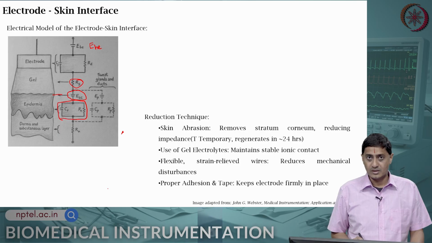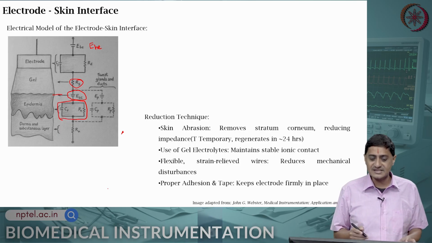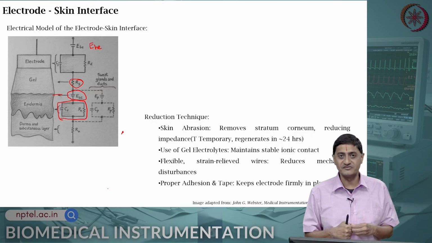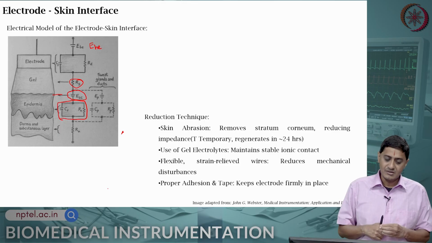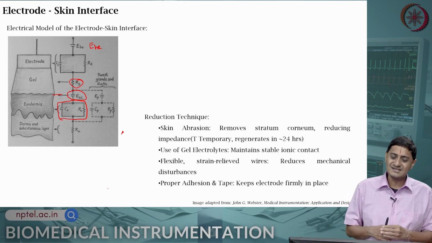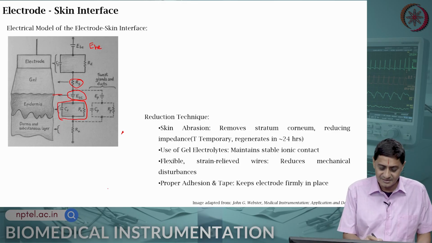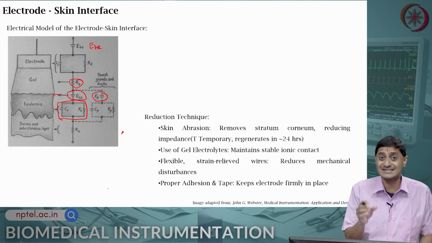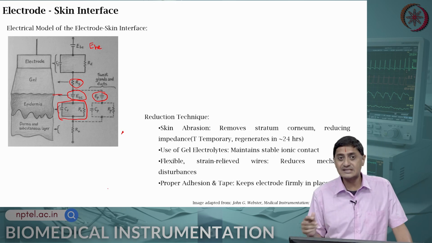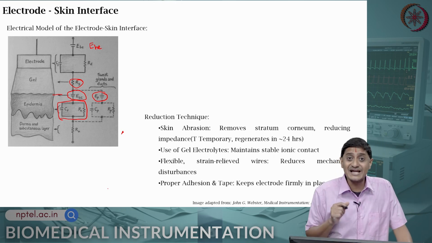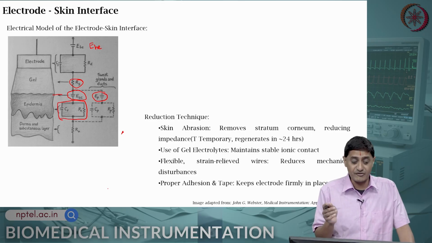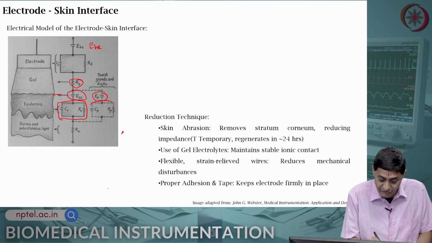Now, remember the role of the gel: it is to match the RDCD with the RECE. What is not considered sometimes is the potential due to the sweat glands and ducts, sebaceous glands and other such glands, the potential and the impedance that they offer.